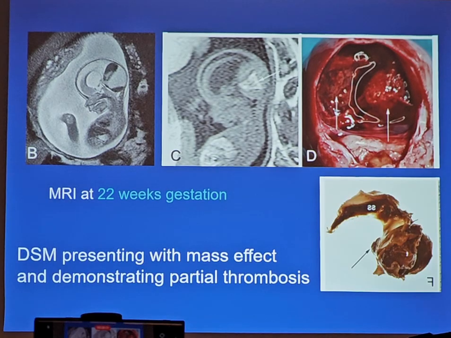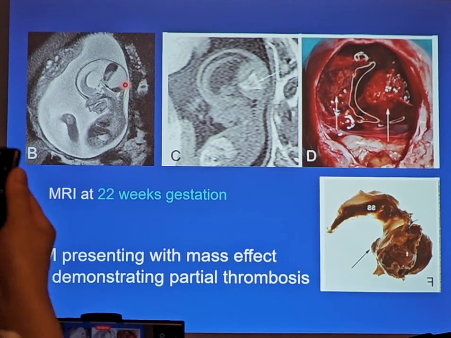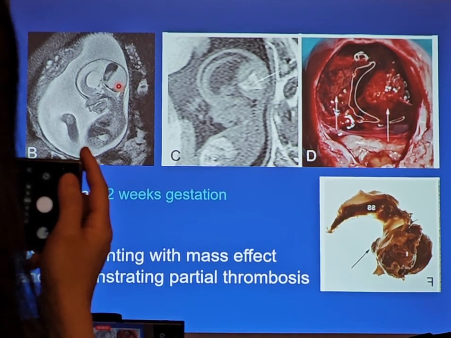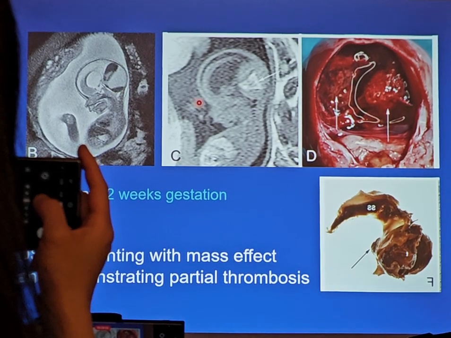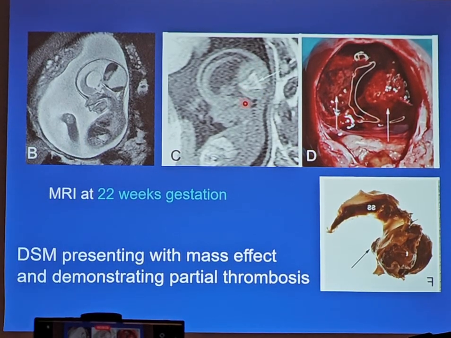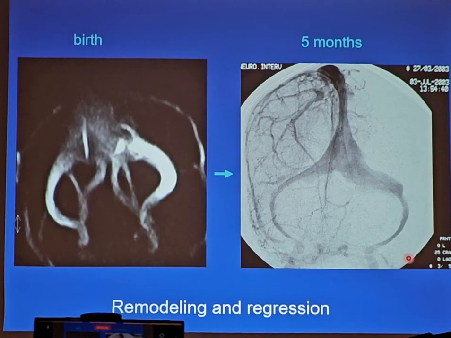But if things go wrong, then at the level of the sinuses, you can see, as in this case at 22 weeks gestation, there's a mass effect. The mass effect is actually a partially clotted dural sinus. Because there's an enlargement of the dural sinus, the flow of the blood is decreased, and there's an increased chance of clot formation, and this will eventually be not compatible with life in most situations.